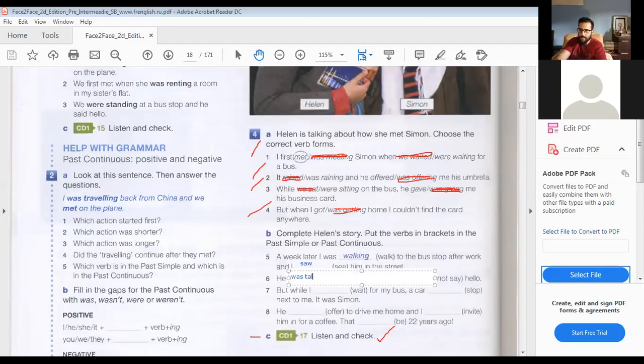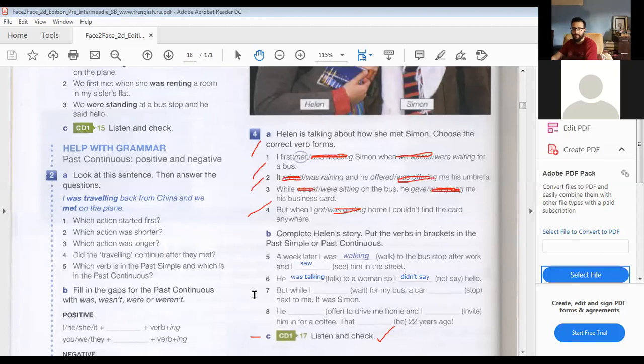So the first one is correct. He was talking to a woman, so I didn't say hello. So that's right. I didn't say hello. Very nice. So past simple in the second bracket. Very good.